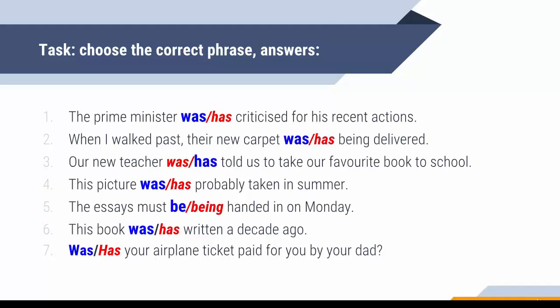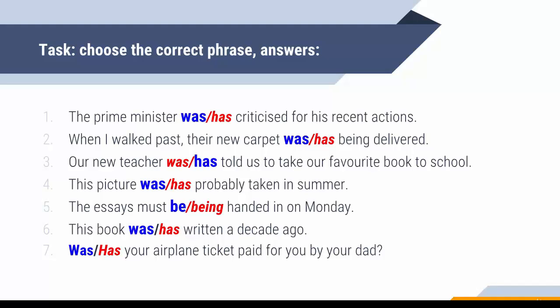When I walked past, the carpet was being delivered. Our new teacher has told us to take our favorite book to school. Our new teacher has told us. When exactly, it's not said and it's not important for this action.